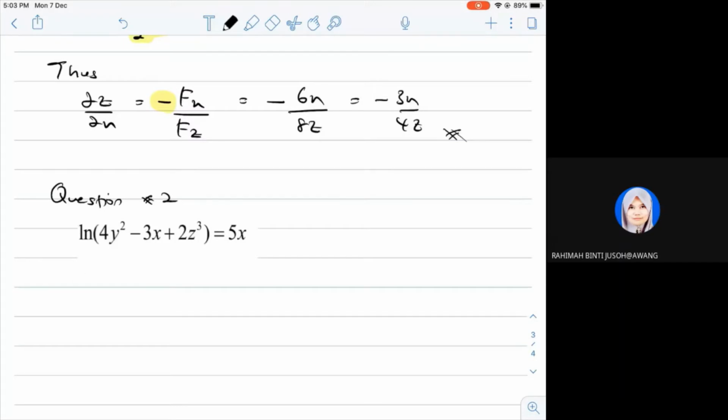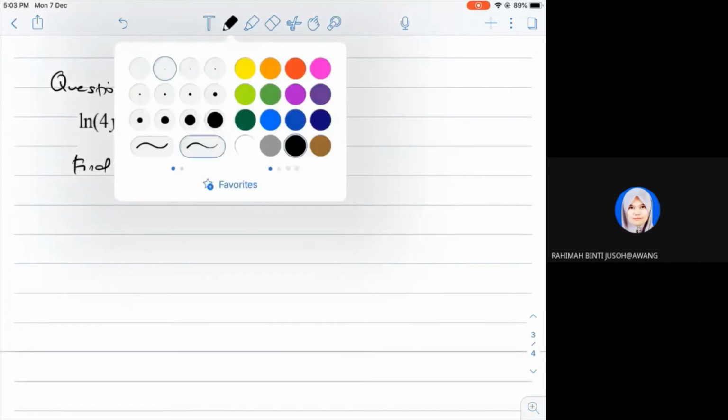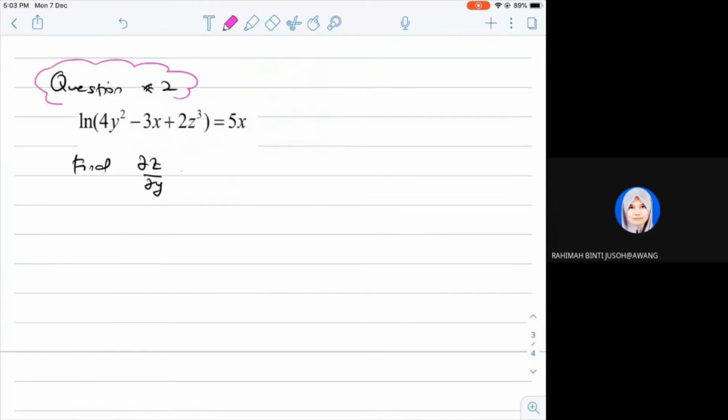Let's say find del z del y by using the second method. The second method is easier than the first method. So by using the second method, del z del y is equivalent to negative fy over fz.